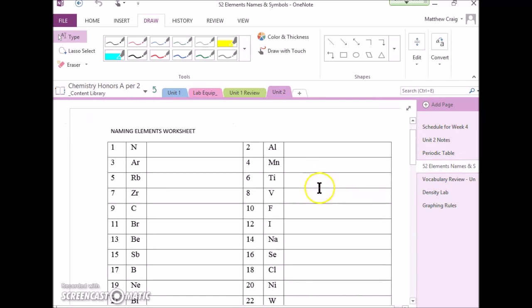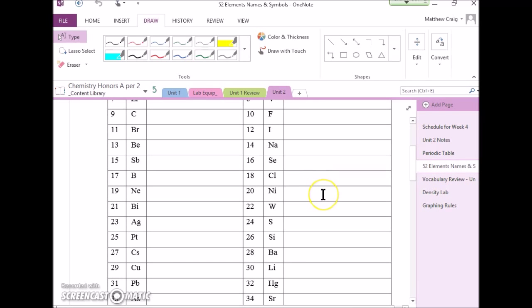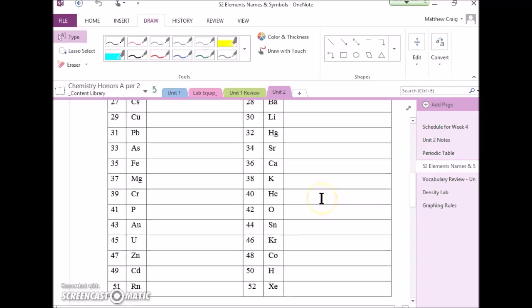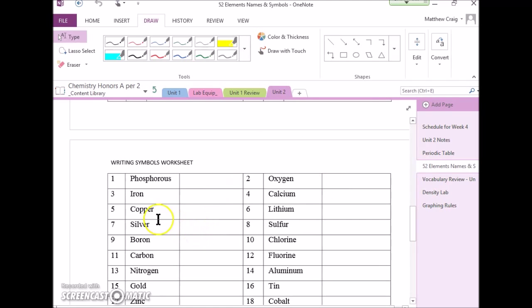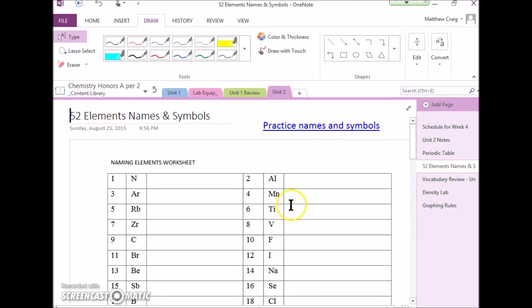These are the 52 elements, names, and symbols that I will quiz you over on Friday. So I'll have half of these where you have the symbol, you give me the name. The other half is the name, you give me the symbol. Now, if you click on practice names and symbols, it'll take you to Memrise. Anybody done Memrise? Okay. And this will help you study, I promise.